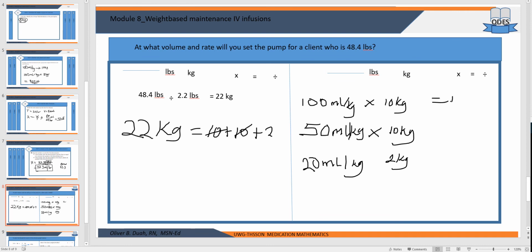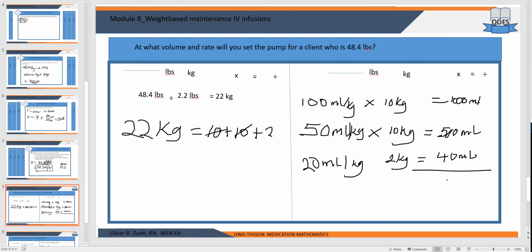This is going to give us 1,000 mLs. This is going to give us 500 ml. So we are just multiplying. And then this is going to give us 40 ml.